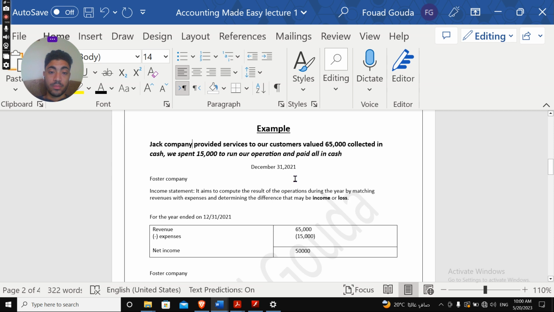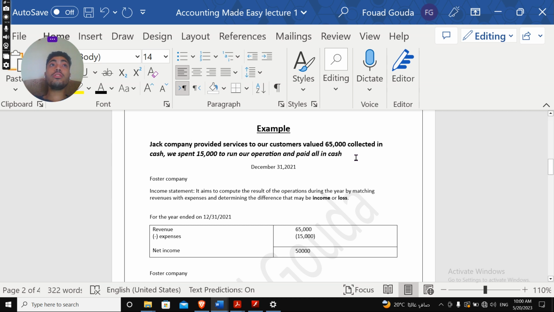Let's see. We have financial statements to help us understand whether we have made net income or net loss. What's our capital right now? So we have questions to ask and financial statements to answer.